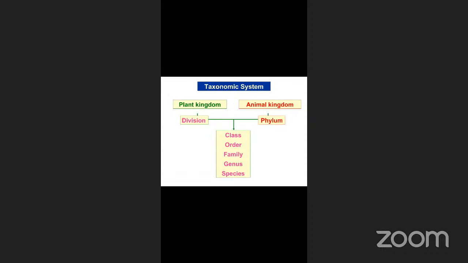Next, based on similar characters: one plant shows similar characters, two plants show similar characters. At that time we observe a few elements or organs.